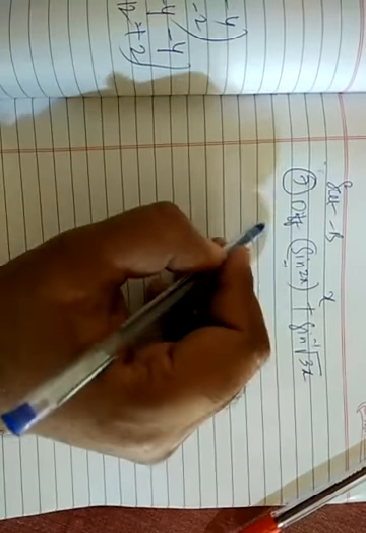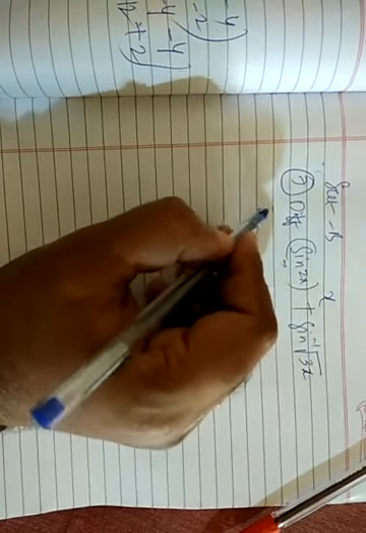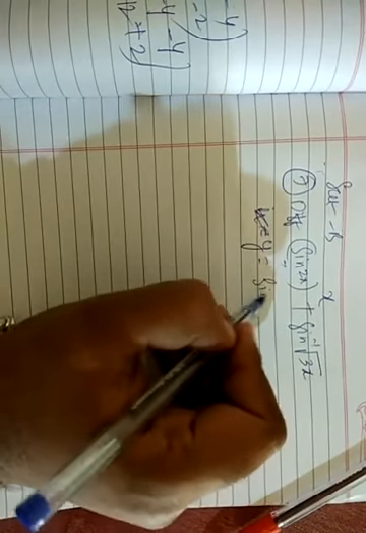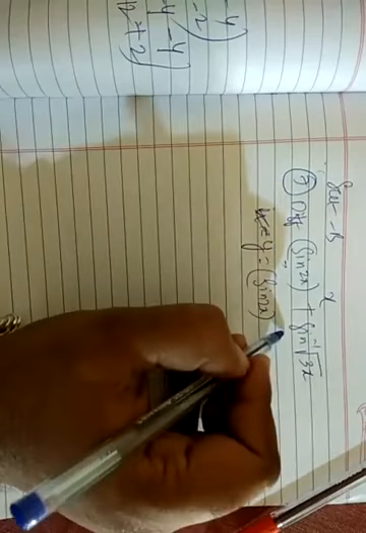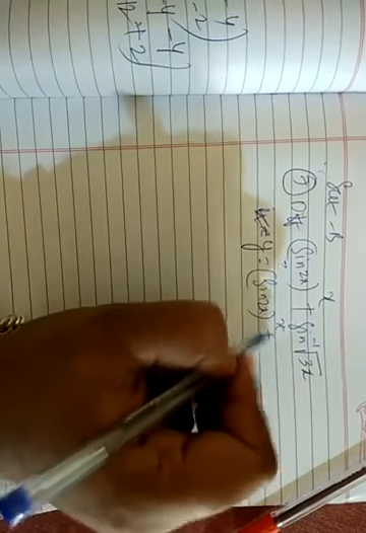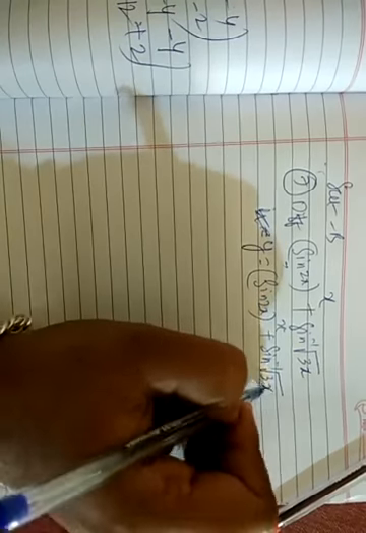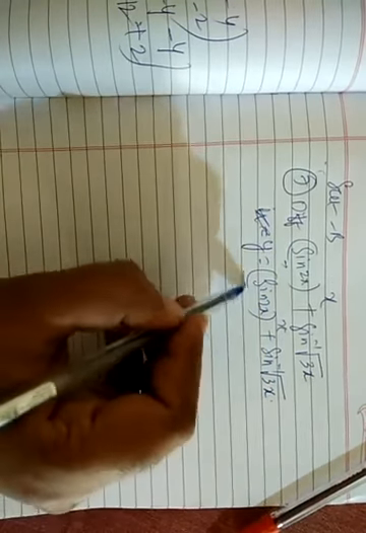Now when you have this function, I told you to take u as, suppose y is equal to sine 2x power x plus sine inverse root 3x. Now this is u.